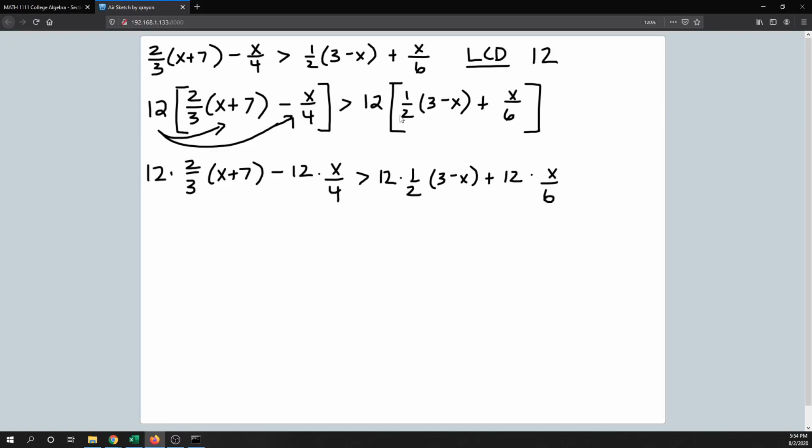All right, so I'm going to distribute that 12 to each of these terms. And then remember, if we do this correctly, then all of the fractions should cancel out.